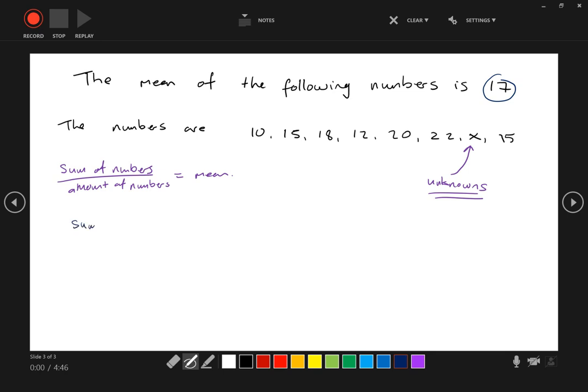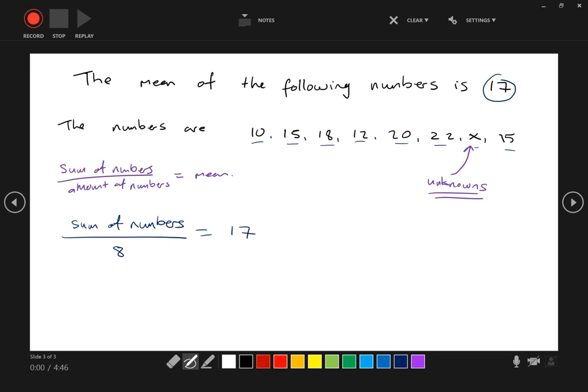So I know that the sum of all of these numbers divided by the amount of numbers, and I've got 1, 2, 3, 4, 5, 6, 7, 8 numbers, is 17. Okay, so I know that some number divided by 8 is equal to 17.